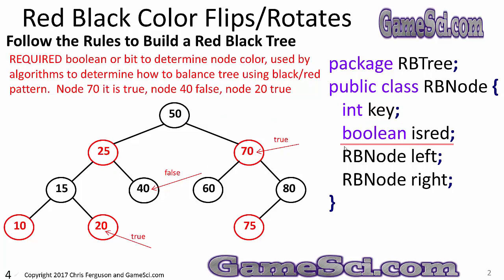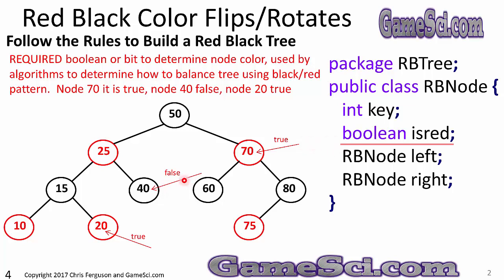This is new. Boolean isRed. A required Boolean or bit to determine node color is used by algorithms to determine how to balance a tree using the black-red pattern. Note in 70, the isRed Boolean variable must be true.